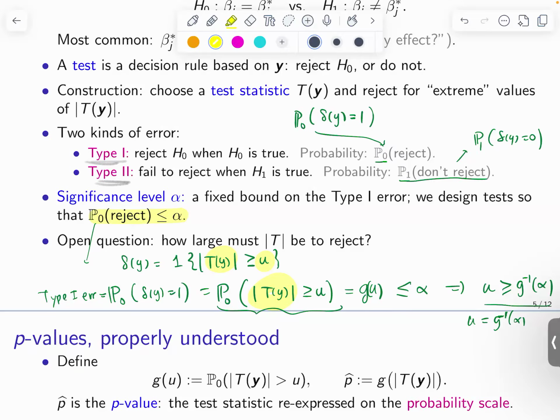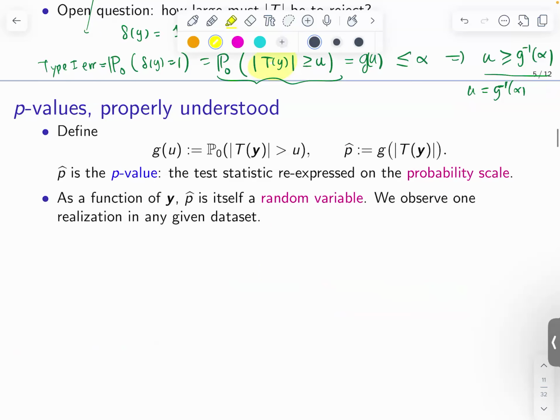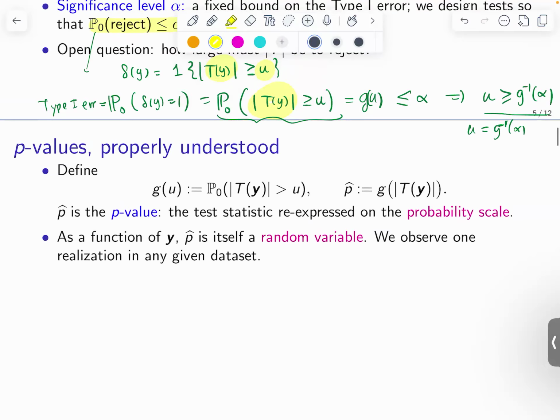Okay, now I want to do the interesting thing, which is the p-values. I want to make sure that you understand this. If you understood this far, it's just one little step and you'll see what a p-value is. We have this function. Because the statistics are continuous, it doesn't matter if you use strictly bigger than or bigger than or equal to.